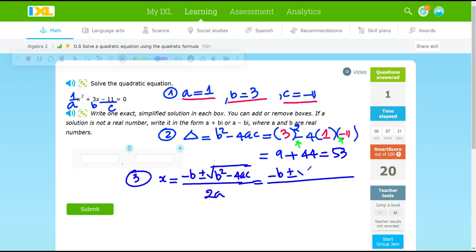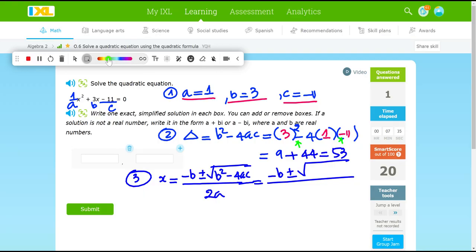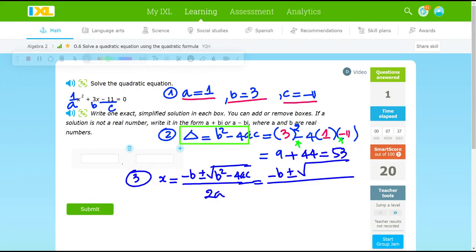But you know that b squared subtract 4ac, which is right here, that's the delta. So now I just put the delta right here, and over 2a. So now we put the values in. Here we go. Subtract b plus minus square root of delta over 2a.